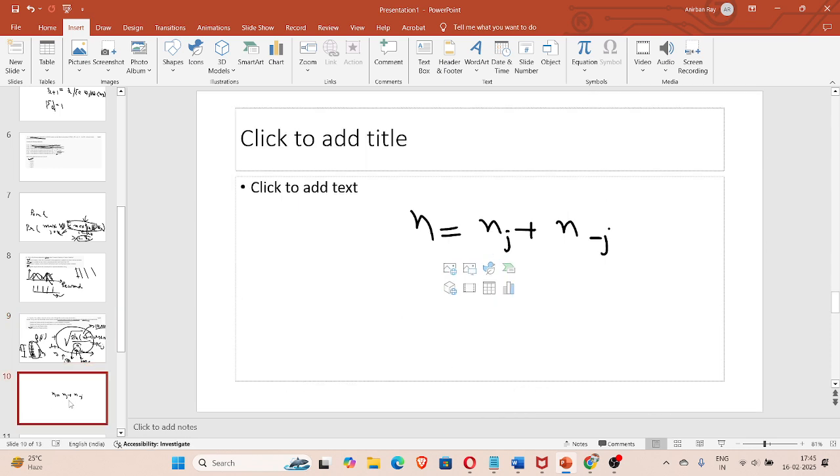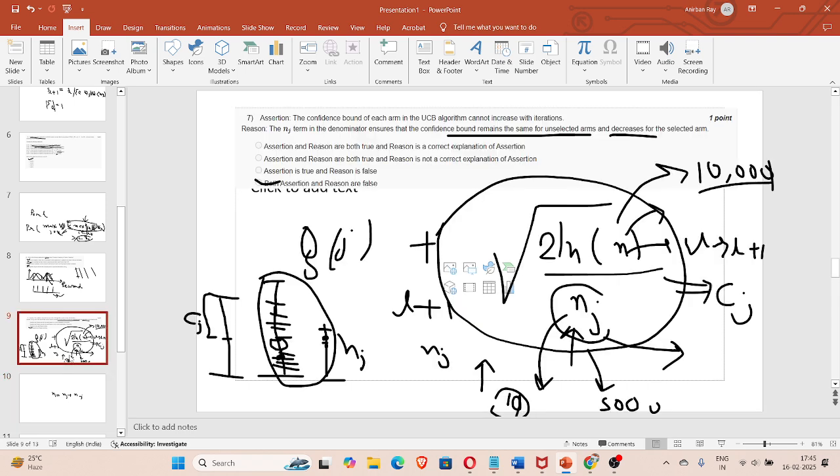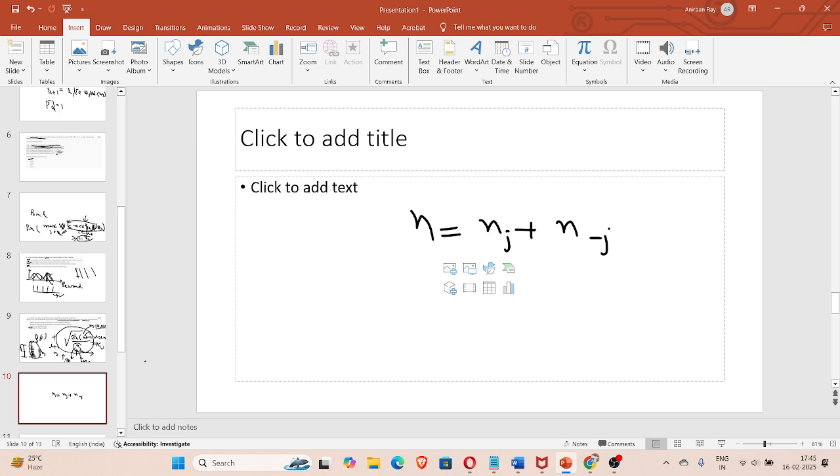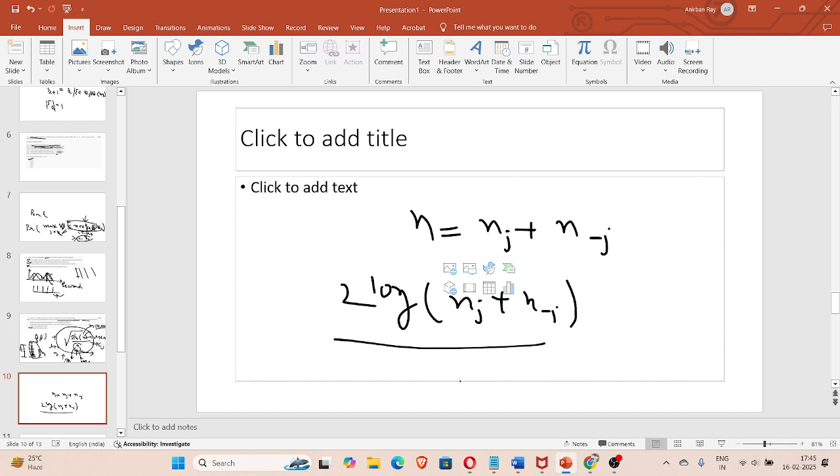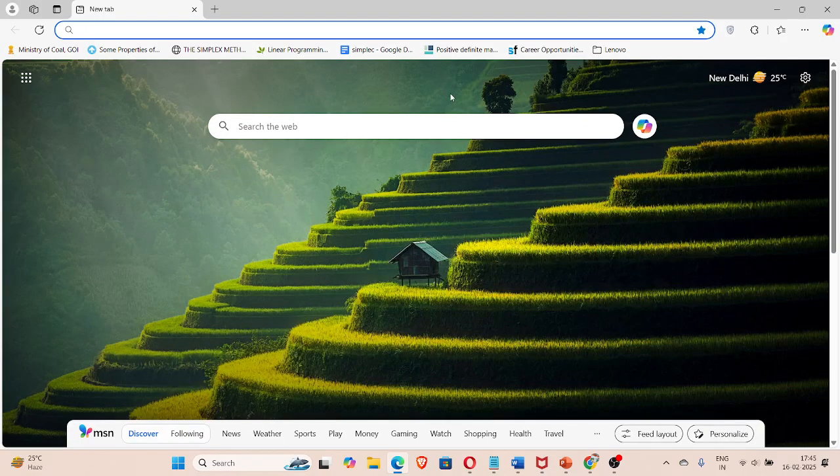So this is the situation we have, and next, we take the logarithm of nj plus the sum of the others, times 2, divided by nj, under the square root. So if it is too large, the other term is very large compared to nj. So let's check.